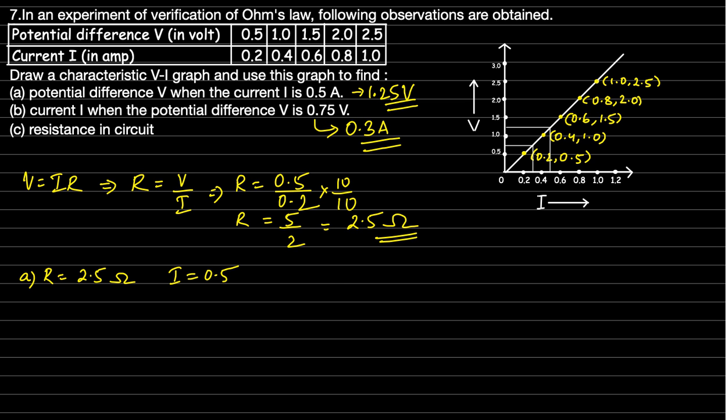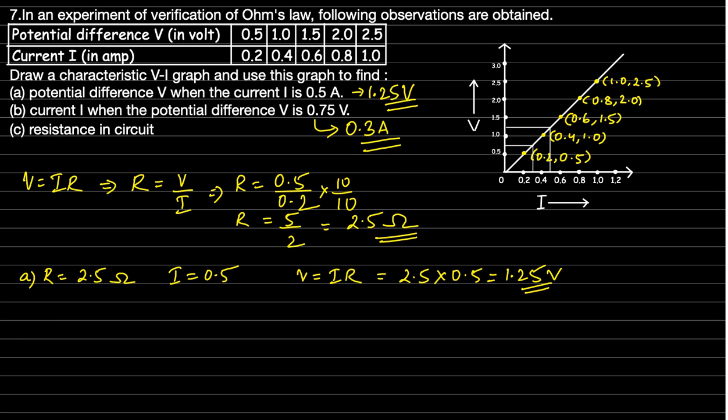So we know V is equal to I into R. So we had to find V. So that's going to be equal to 2.5 into 0.5. That happens to be 1.25. So as we can see here, the answer which we got graphically and the answer which we got by multiplying and using the formula are exactly the same.